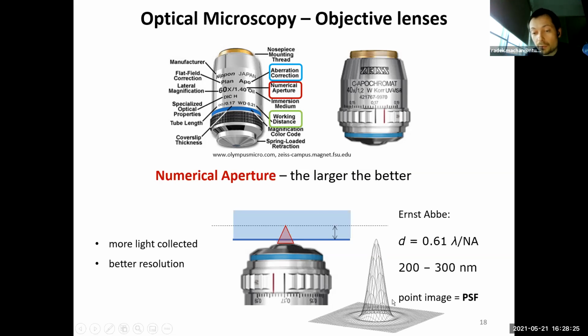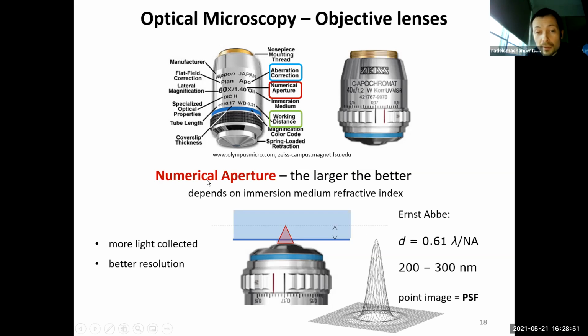The point spread function is basically how the image of a point source would look. Because it's broadened, each point is slightly smeared by the point spread function, so that limits the resolution.